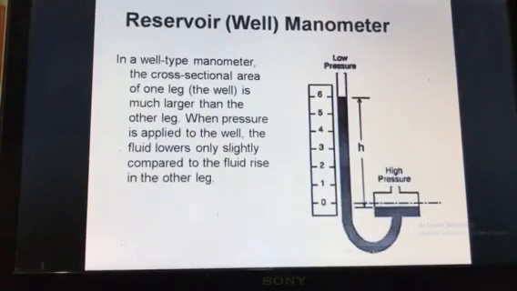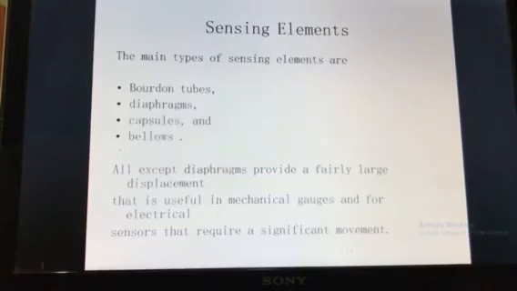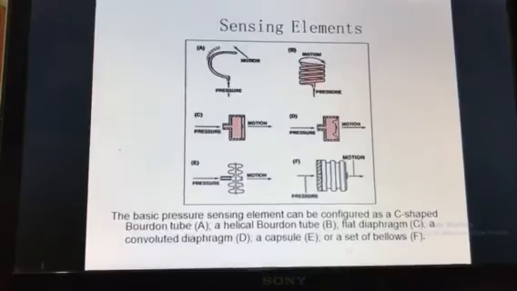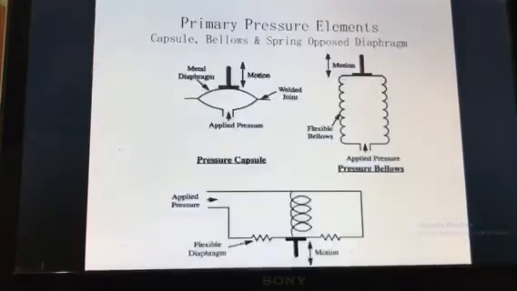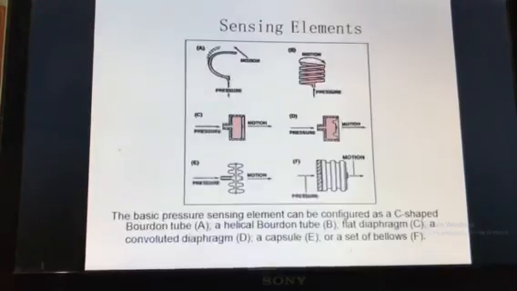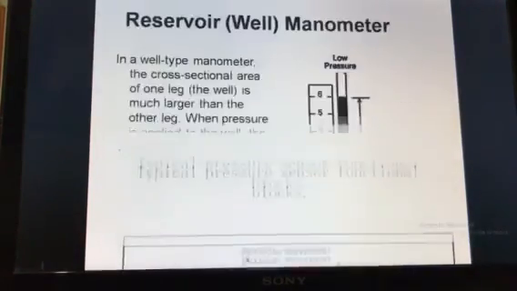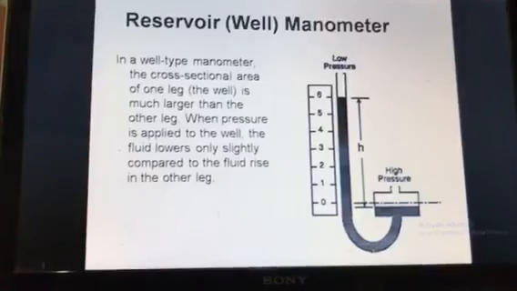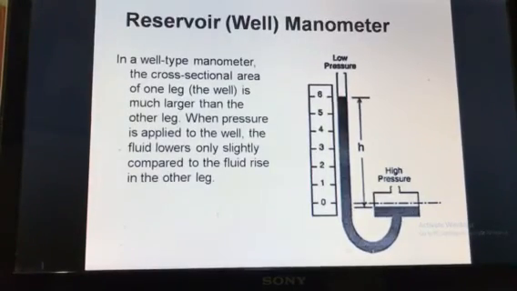Then a similar concept we will apply. Instead of this, we will directly connect our U-tube to the reservoir. In this way we have studied pressure measurement and pressure measuring devices, as well as solved some examples based on U-tube, inclined and differential manometer.